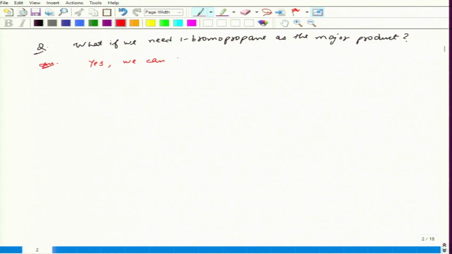The rule we have studied till now is Markovnikov's, and now we will follow anti-Markovnikov's addition, which is also known as the peroxide effect.